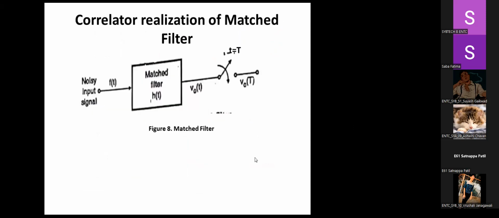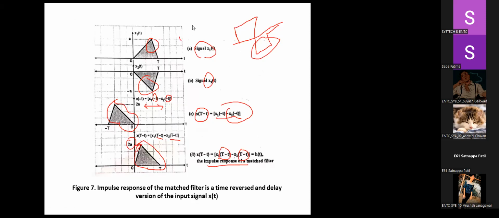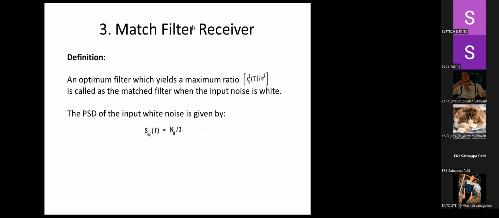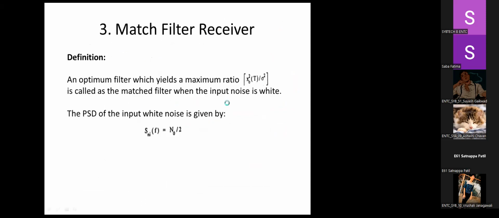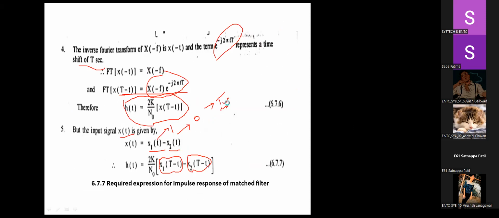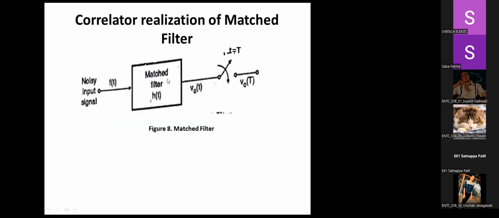Now we are going to realize, okay, the correlator realization of a matched filter. Meaning to say that the impulse response of this correlator and the impulse response of this matched filter, we are going to say that they are similar. That is, h(t) of the correlator and h(t) of the matched filter are equivalent.